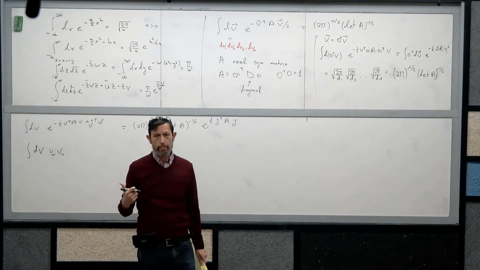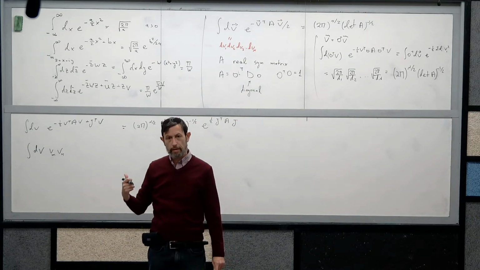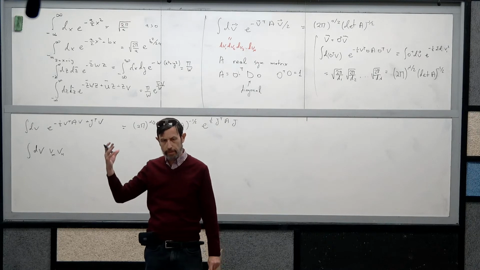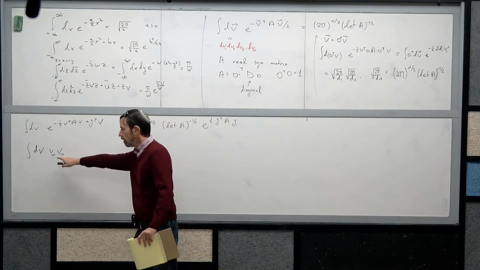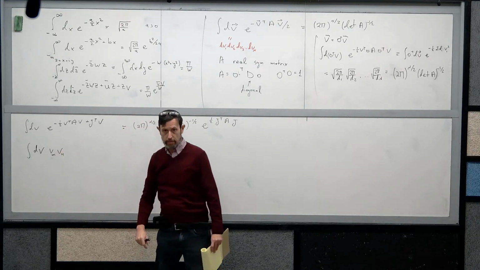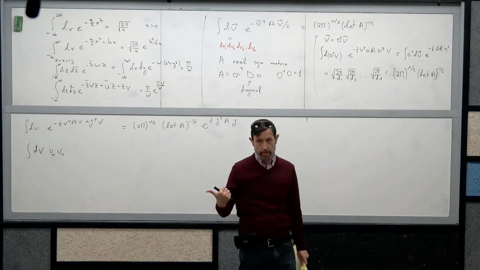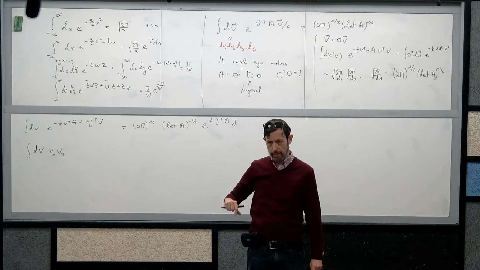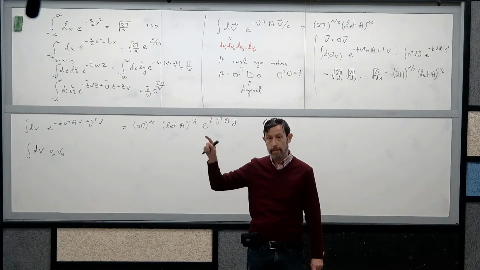So we are multiplying the integral by a specific v somewhere in the vector, two specific values m and n. Instead of doing dx e to the minus something x squared, we are doing dx x1.